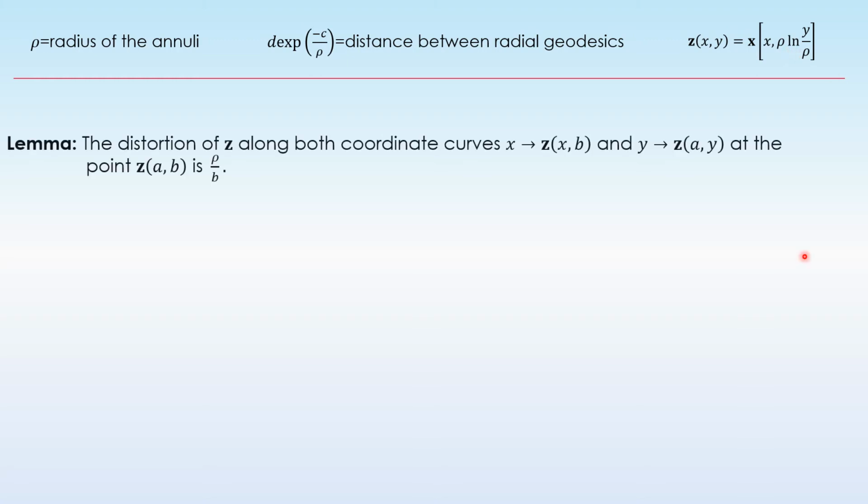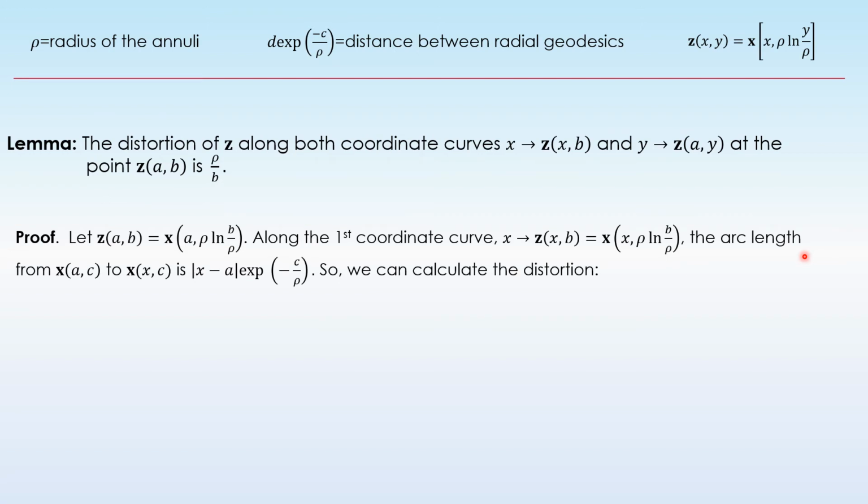All right, so the lemma. What we need is to show that the distortion of z along both coordinate curves that take x to z of (x, b) and y to z of (a, y) at the point z of (a, b) is equal to ρ over b.